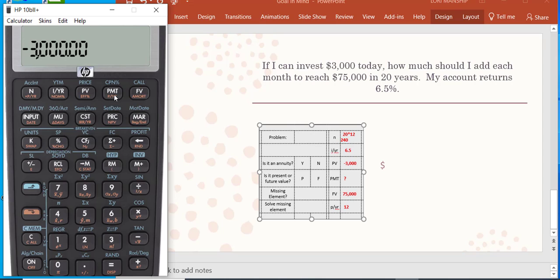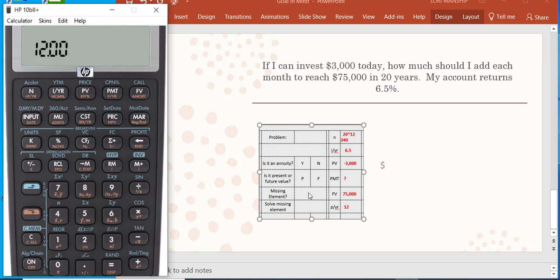And then we're looking for our payment, so we're not putting anything in there. Our future value is $75,000. And we're doing this 12 times per year. So 12 orange PMT.